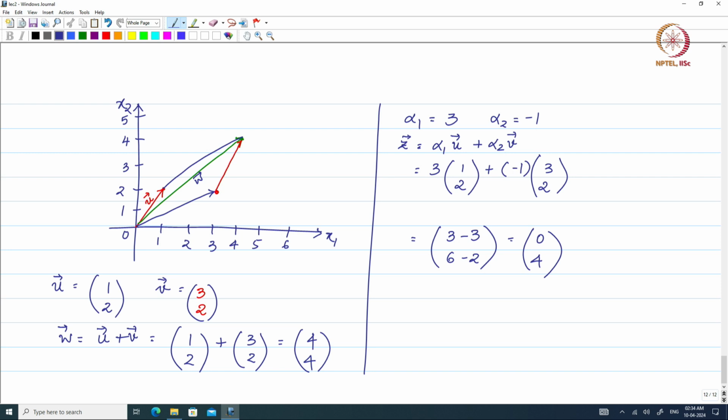Now, what we are going to look at is something interesting that happens here. Suppose, let us assume that u is equal to 1, 2 and v is equal to 2, 4. What happens to u plus v?